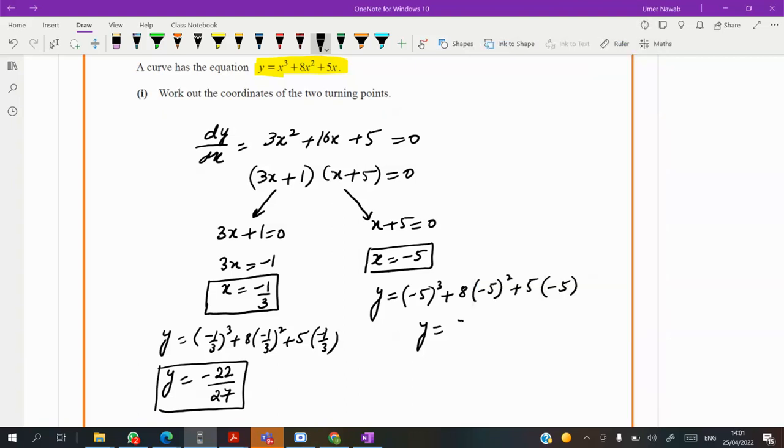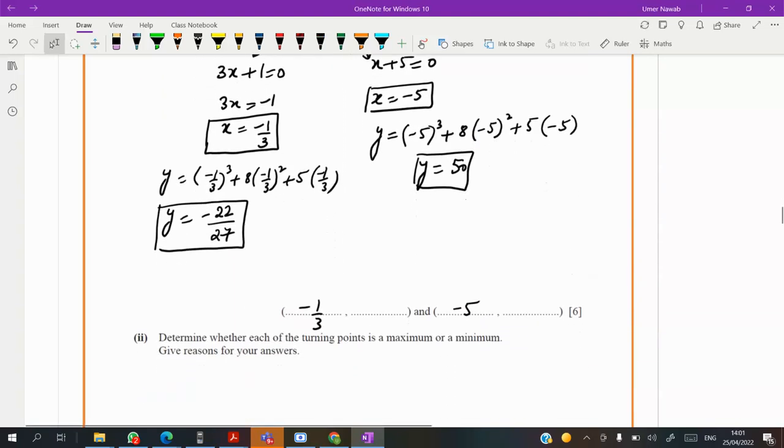So we got 50. So this is minus 22 over 27, and we write here 50.